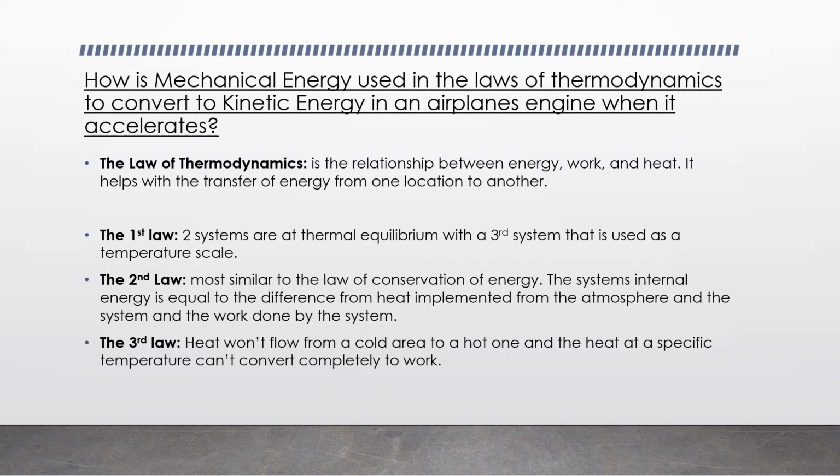The system's internal energy is equal to the difference from heat implemented from the atmosphere and the system and the work done by the system. The third law is heat won't flow from a cold area to a hot one, and the heat at a specific temperature can't convert completely to work. So there's some heat lost within the system.